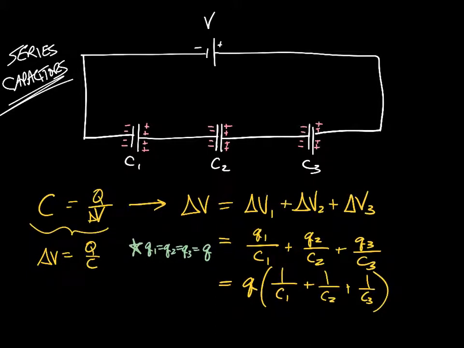And so our change in voltage, the total voltage, ends up being, now again, this is our equivalent capacitance, which is harder.